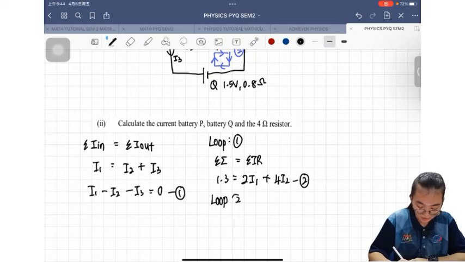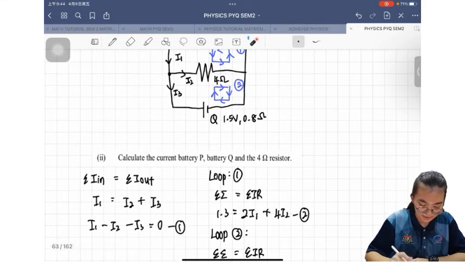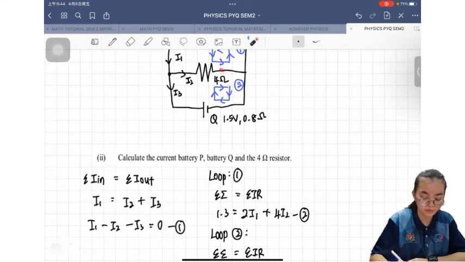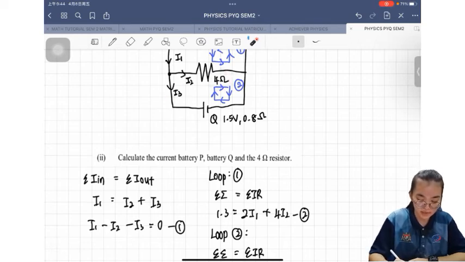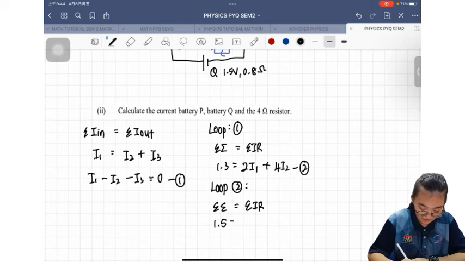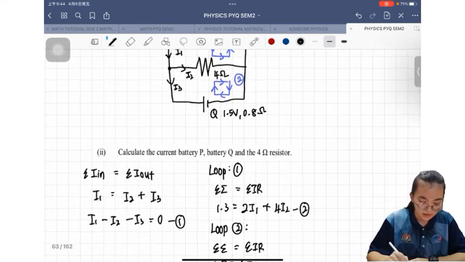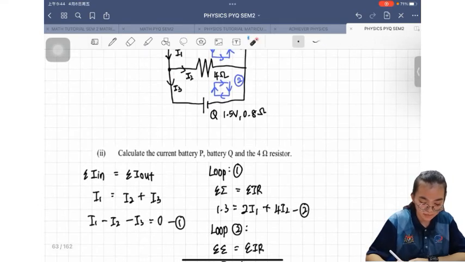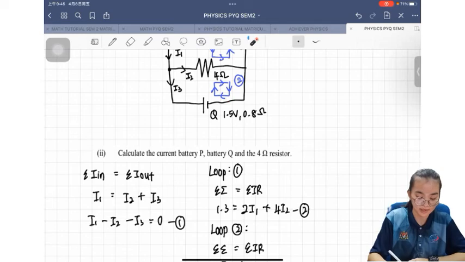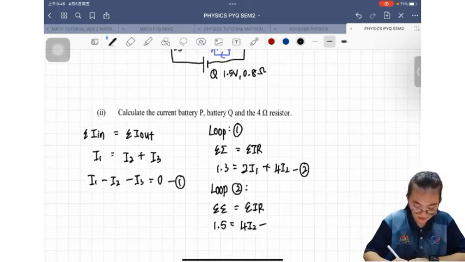And then for loop 2, our EMF is 1.9, and I2 has 4 ohm and I3 has 0.8 ohm. So 1.9 equals 4 I2, but I3 is in the opposite direction to the loop direction, so we use the negative, minus 0.8 I3.